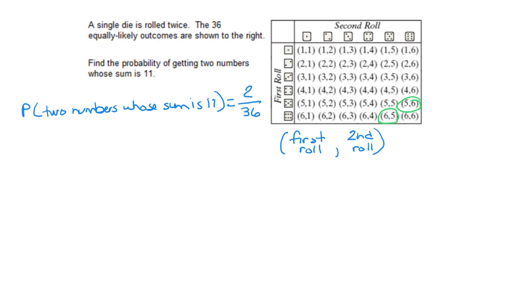All right, now these can be reduced a little bit further. So once you reduce it, you're going to get 1 over 18. All right, so again, we looked for the sum of 11, the probability of getting 11. There's two ways to get an 11, 6 plus 5 or 5 plus 6 out of the 36 equally likely outcomes.